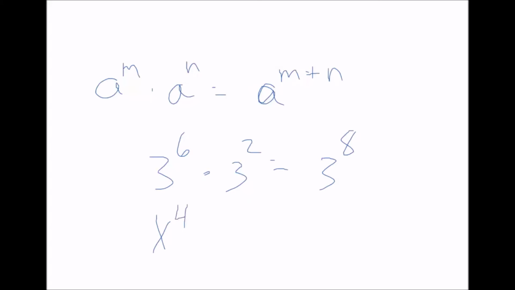Let's say you have x to the 4th times x to the 6th. Your answer is going to be x to the 4 plus 6, or x to the 10th power. So when you multiply two like bases together, like a times a or x times x, you will add up the exponents.